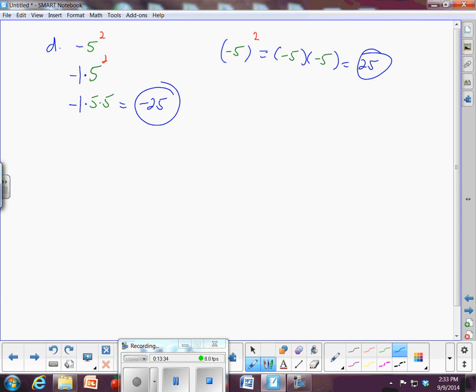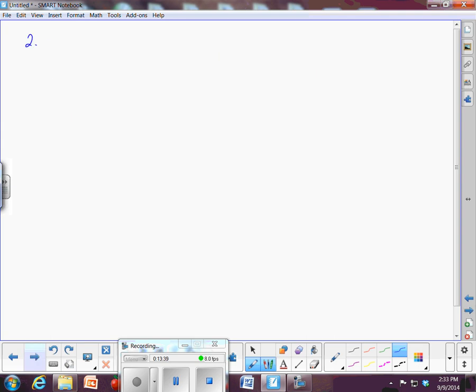All right, so let's go ahead and go to number 2. Write, and now staying in blue, let's go 7, raised dot 7, raised dot 7, raised dot 7. There's 4 sevens, in exponent form.